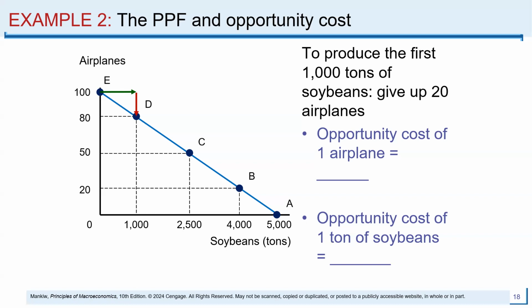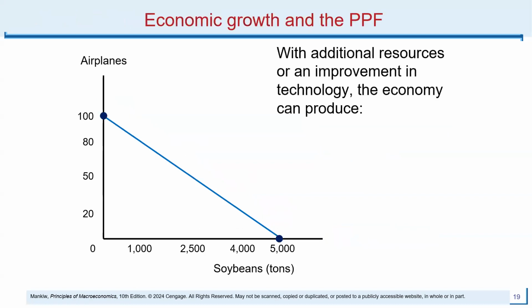So the opportunity cost of 1 ton of soybean is 0.02 airplane.